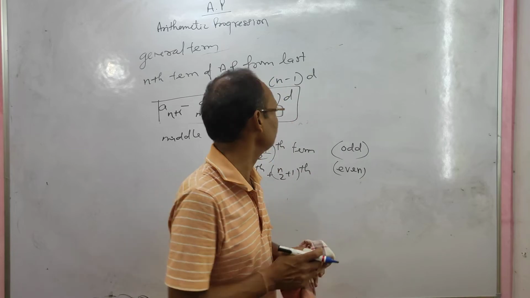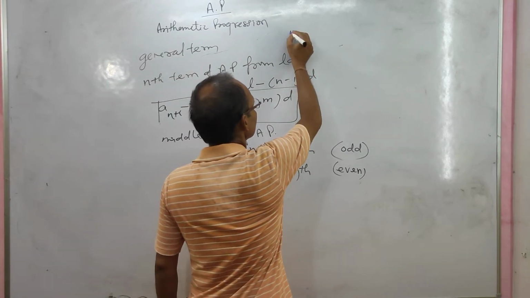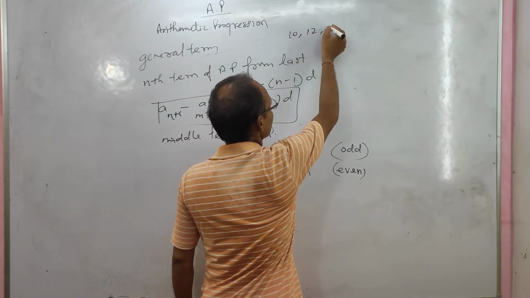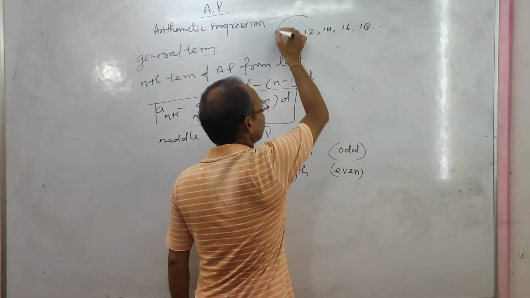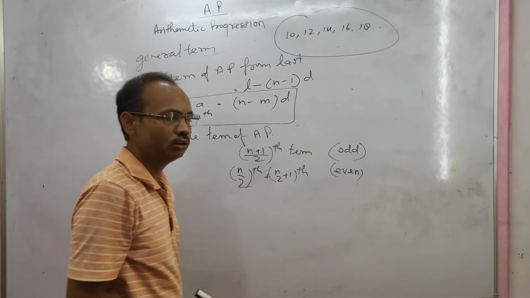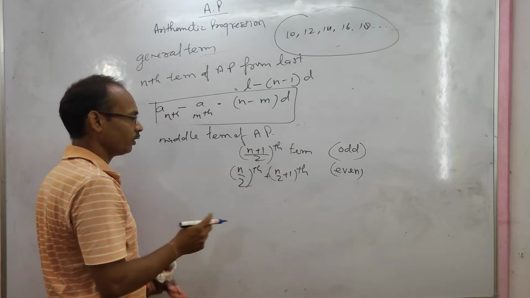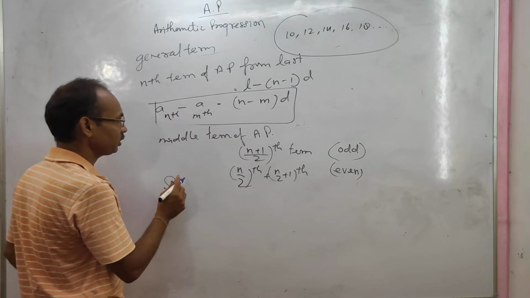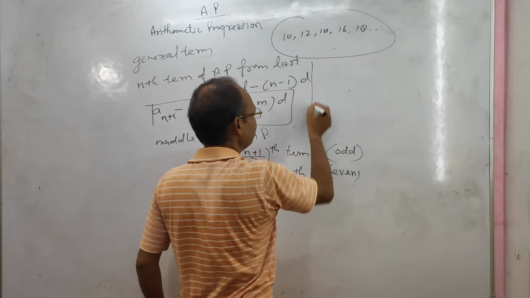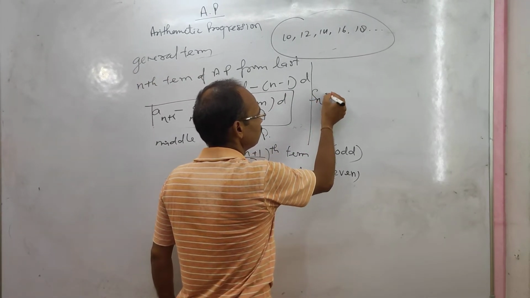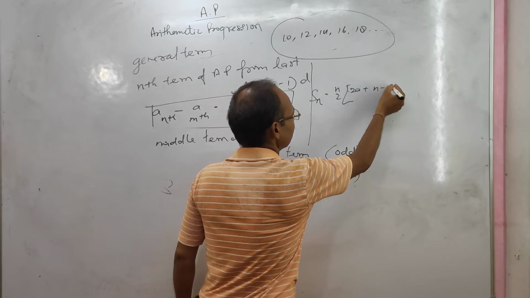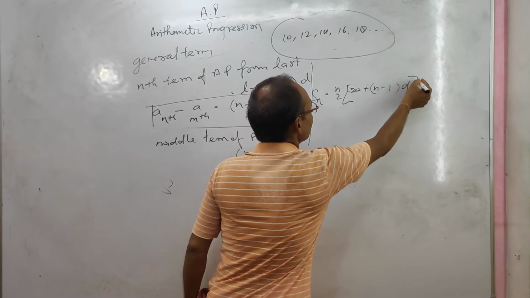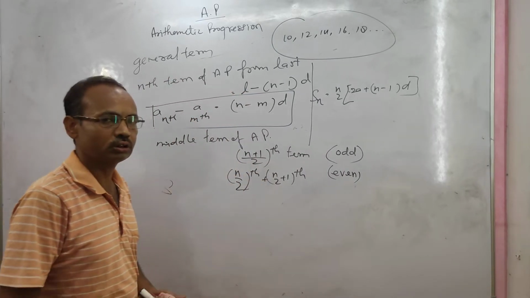If you want the sum of these terms, 10, 12, 14, 16, 18, you want the sum of all these numbers, then use another formula, the sum of n terms: n by 2 into 2a plus n minus 1 d. You can easily calculate the sum.